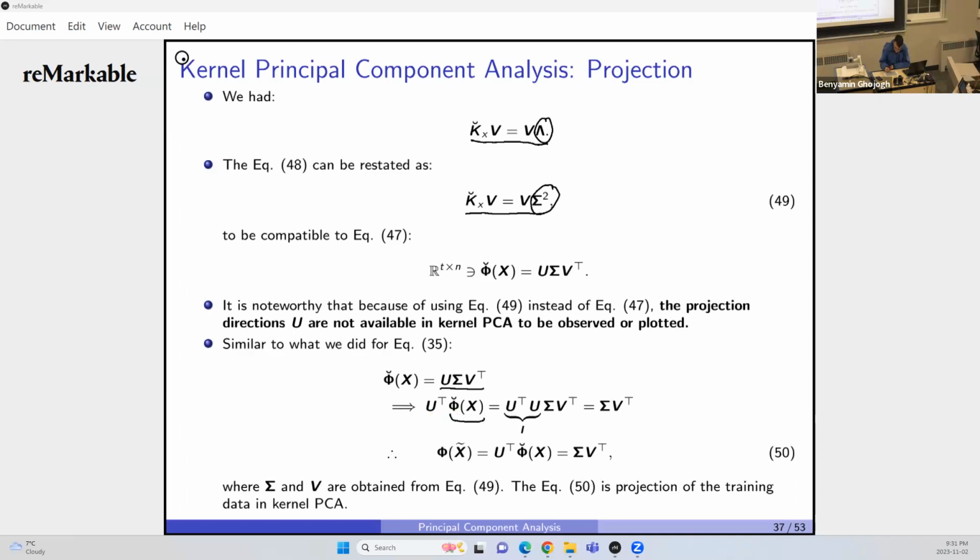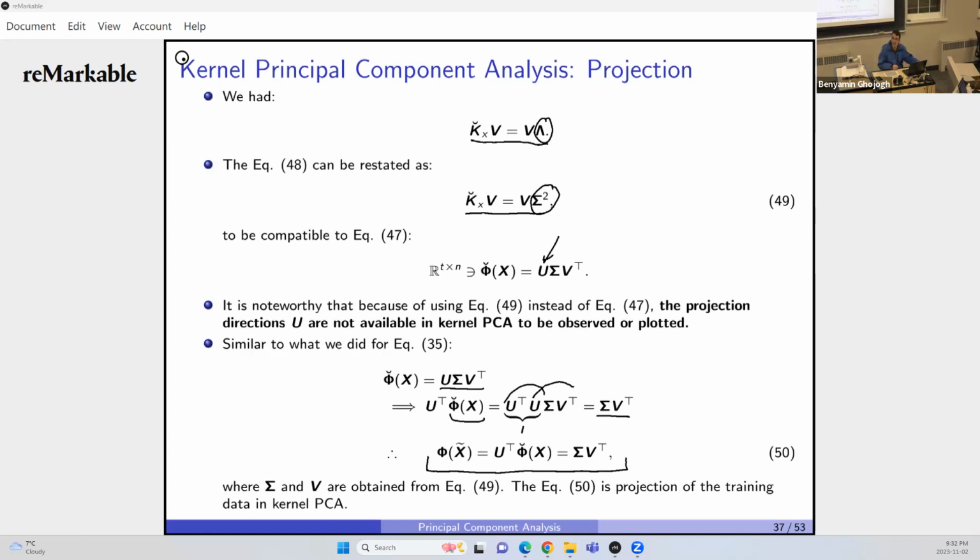So replace phi breve X with its singular value decomposition. It gives you this, right? Interestingly, U transpose U is I, because U is the left singular vector orthogonal matrix, right? So it gives you sigma V transpose. As a result, the linear projection in kernel PCA is sigma V transpose.